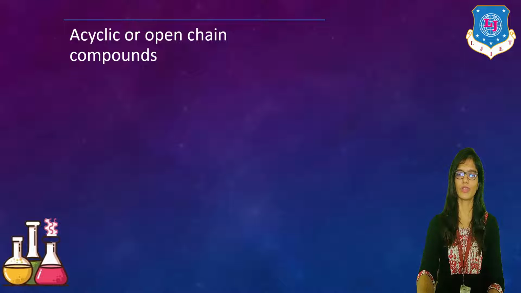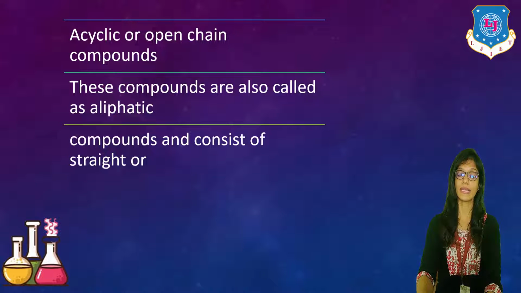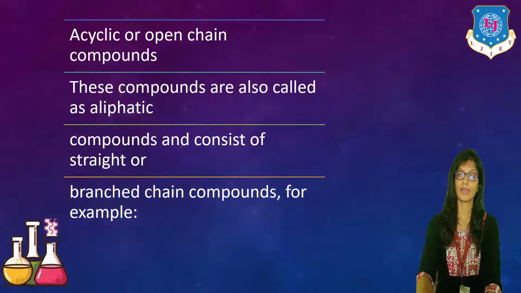Right? Let's talk about acyclic or open chain compounds. These compounds are also called aliphatic compounds, as I told you. They consist of straight or branched chain compounds. We will take some examples here.